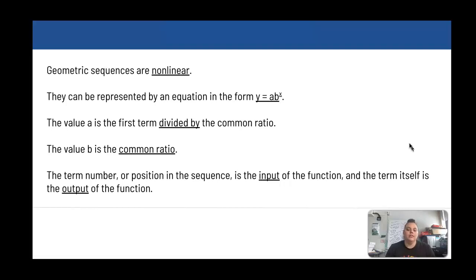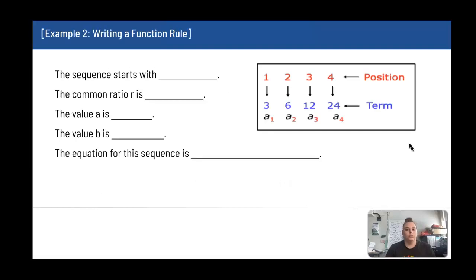So let's take a look now at being able to write a function rule for a geometric sequence. So here we can see our positions, and we have our terms 3, 6, 12, 24. So this sequence starts with 3. And to go from 3 to 6, and 6 to 12, and 12 to 24, I'm multiplying by 2.